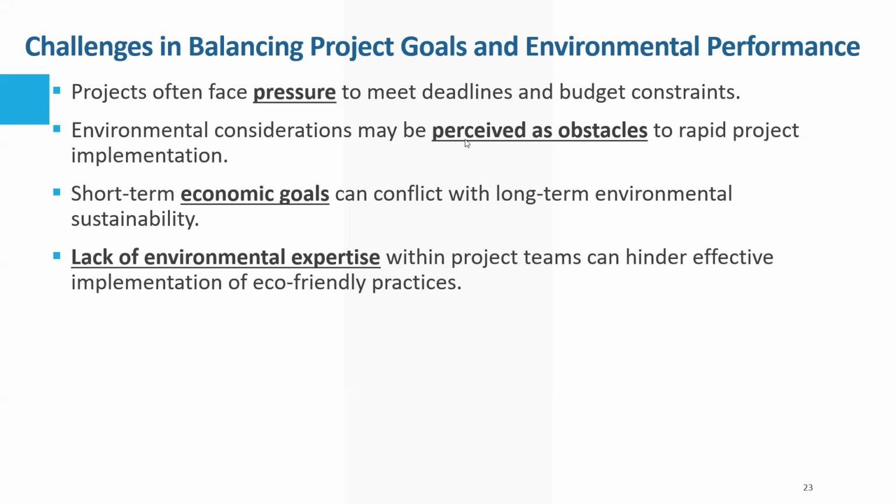People think, talking about the environment, we are not a parks and gardens company, so why are you worrying us with environmental issues? But I think it's a good point to always ensure that we have environmental issues integrated. Short-term economic goals can conflict with long-term environmental sustainability.